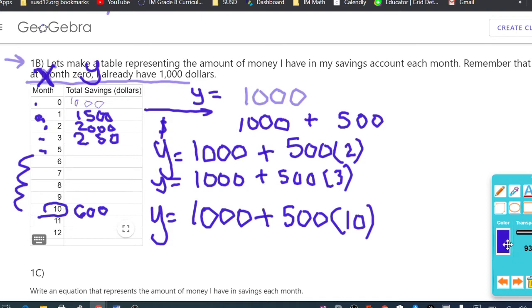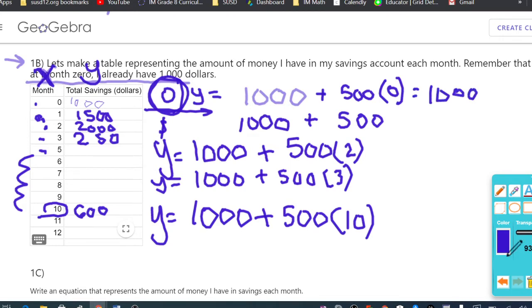In the 0th month, before I even began earning money as a YouTube star, I had $1,000 plus 500 times 0 because no money had come from YouTube. So that was $1,000 in my savings account.